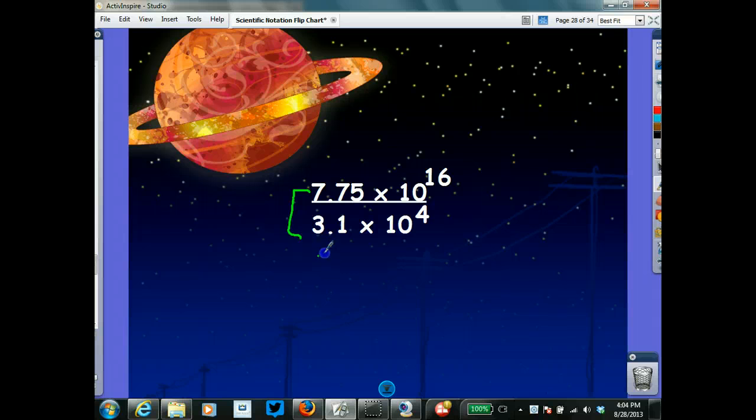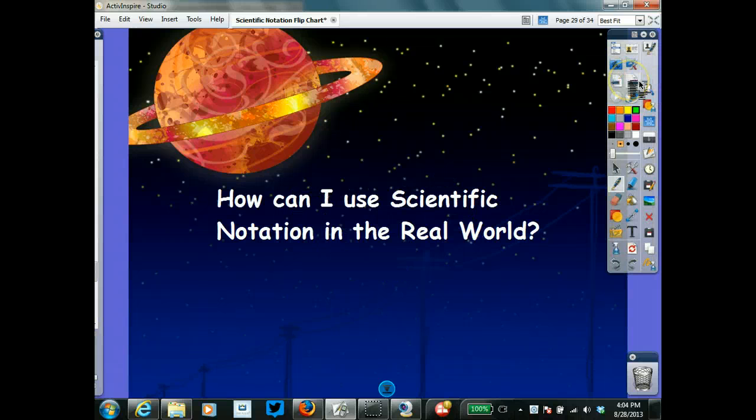I'm going to get 2.5 times 10, again, subtract, squared. 7.75 divided by 3.1, you get 2.5, 16 minus 4, and you will get 2.5 times 10 squared.